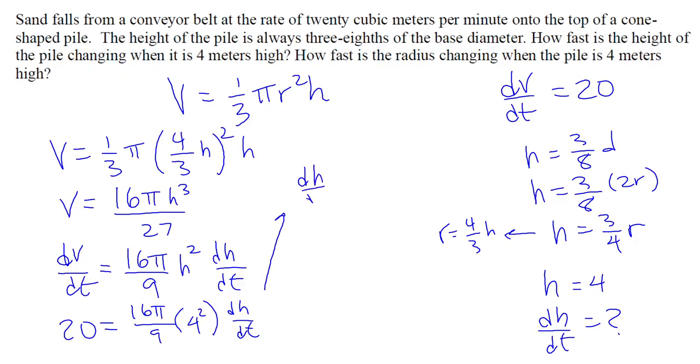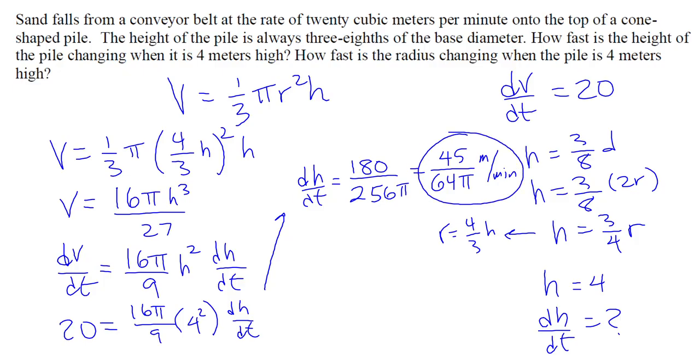So we'll get dh/dt is equal to 20 times 9, which is 180, and then we're going to divide by 16 times 16 times pi, which will be 256 pi. Those are both divisible by 4. So that'll be 45 over 64 pi, and it's meters per minute. That's the rate of change of our height of the pile.